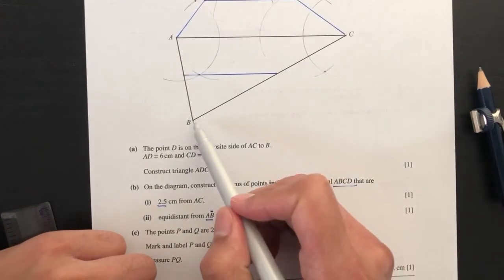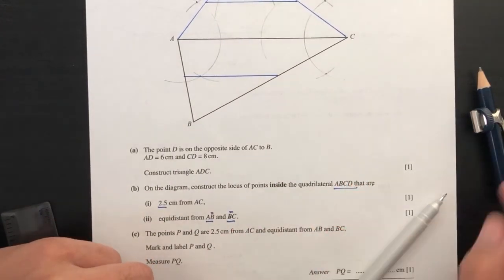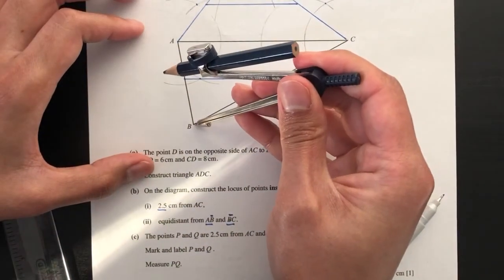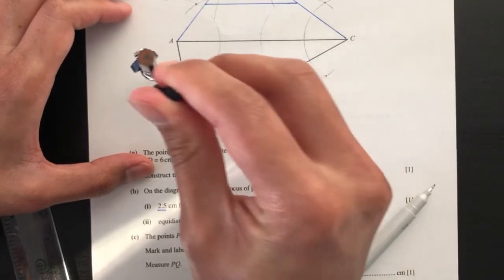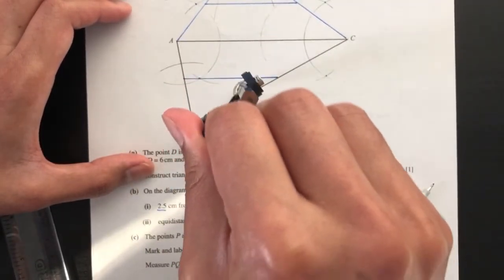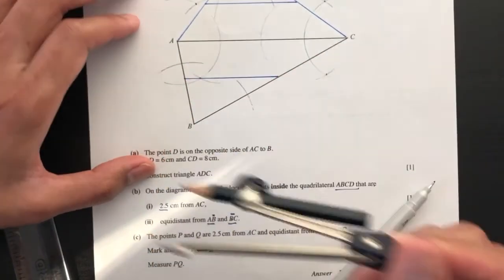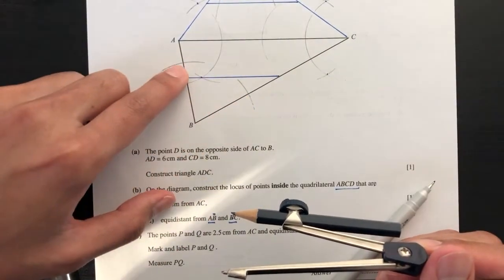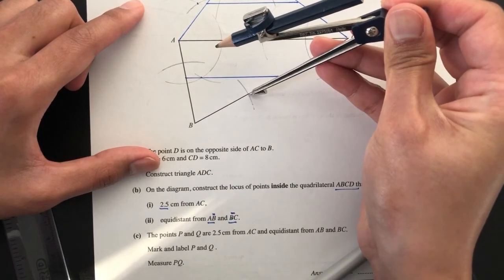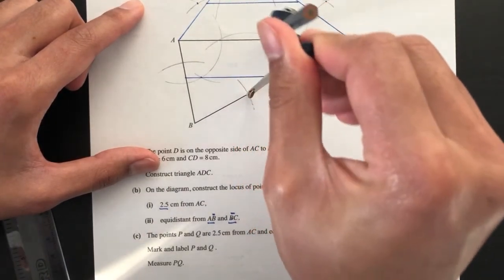So where's B? B is here. Let's draw the bisector of angle B. So we have to use our compass. We have to go to angle B. We have to make an arc on AB. Make an arc on BC. You have 2 points, intersection. Go to this point. You have to draw an arc inside of the shape, like that.